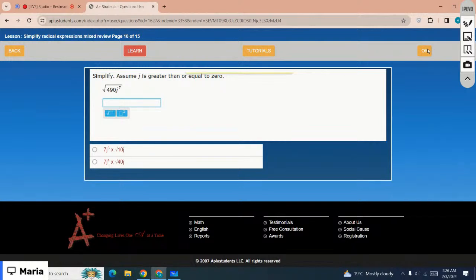The next one is simplify square root of 490 j^7, which is the correct option?